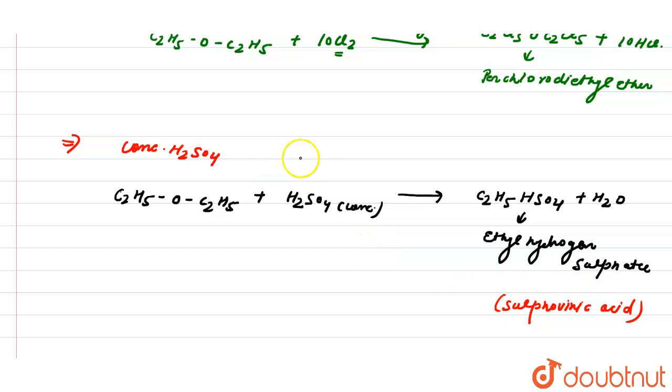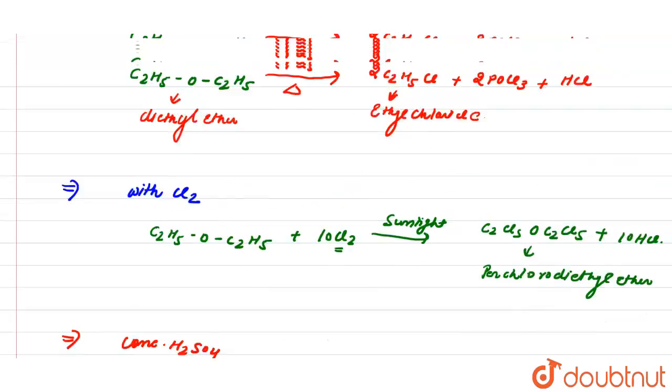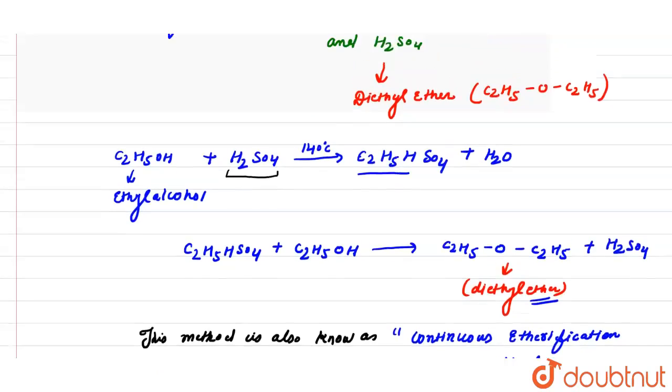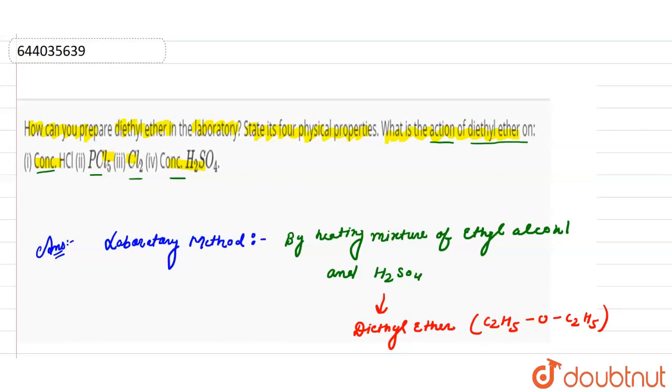If we balance this equation, there are 2 moles of H2SO4. This is the balanced chemical equation of diethyl ether with H2SO4. So all the questions are done, and this is the answer of this question.